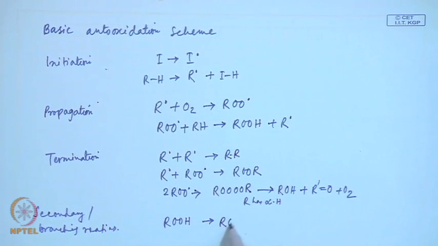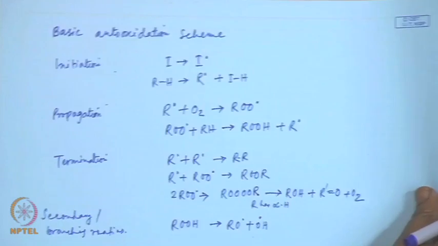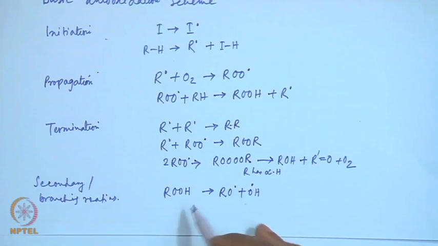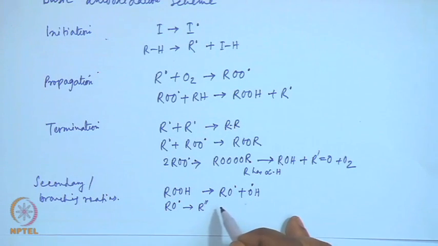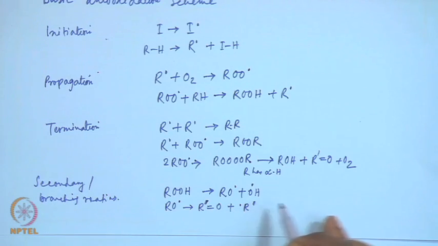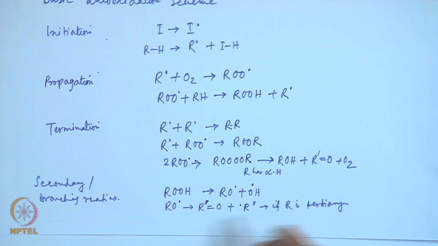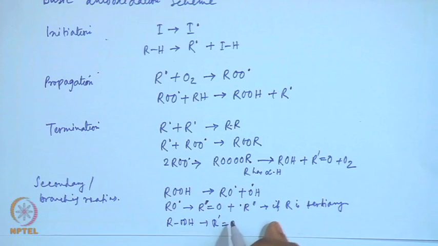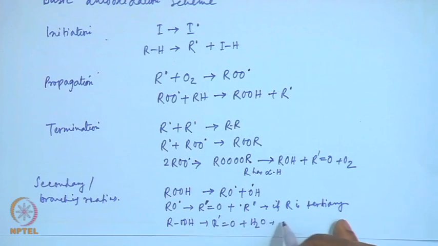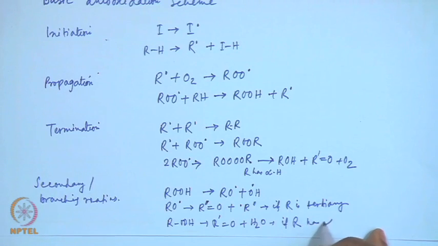Hydroperoxide can give other radicals. If R is tertiary, if R has an alpha hydrogen.